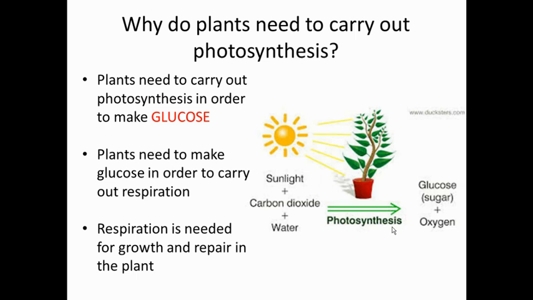Plants need to carry out photosynthesis in order to make glucose, that sugar. They need this glucose in order to carry out respiration. Remember, respiration is the reaction that allows us to get energy. Respiration is needed for growth and repair in the plant. So the plant needs to carry out photosynthesis in order to grow and repair itself.